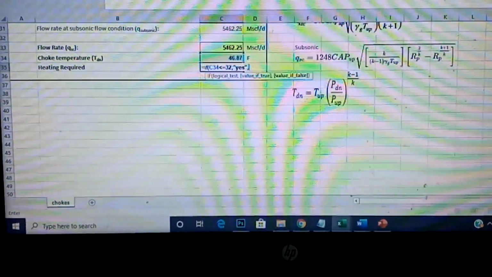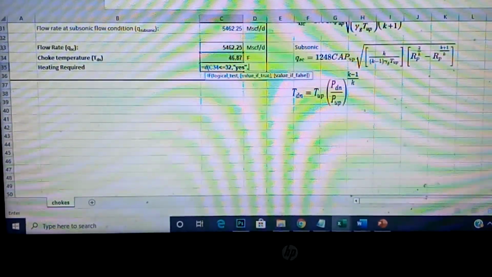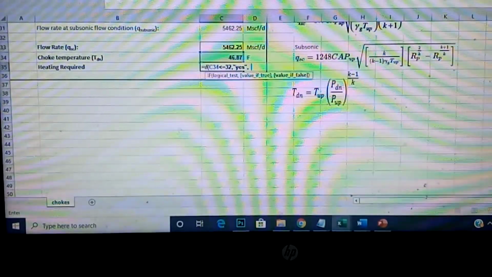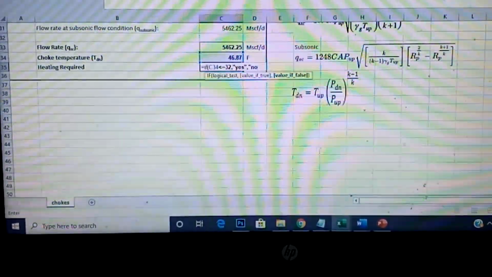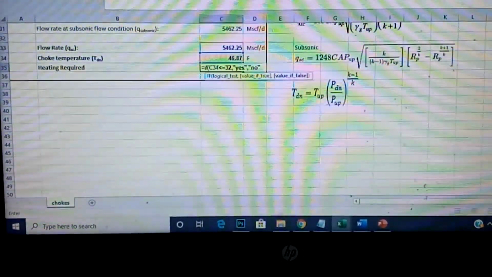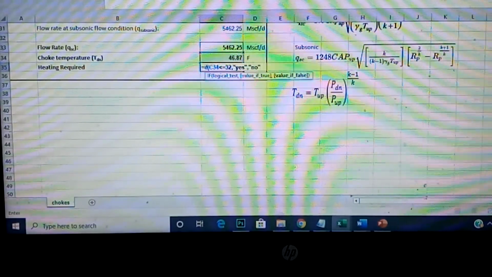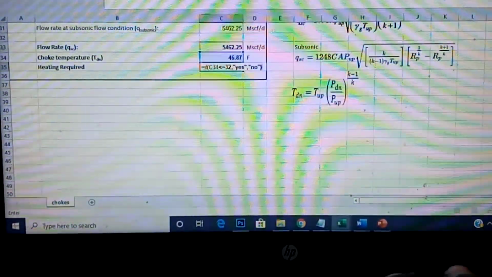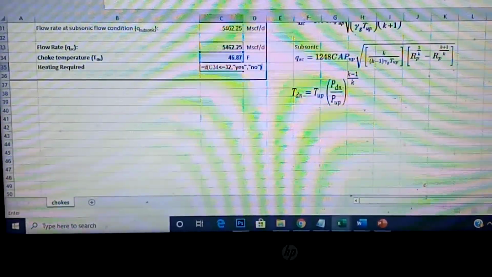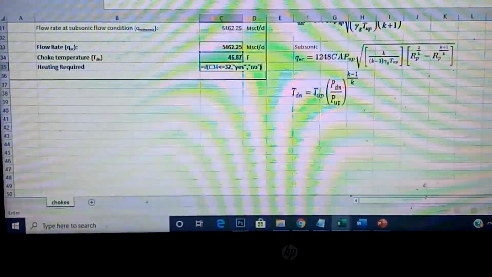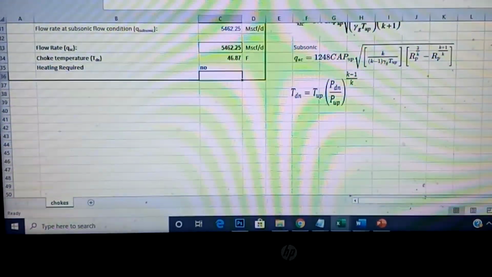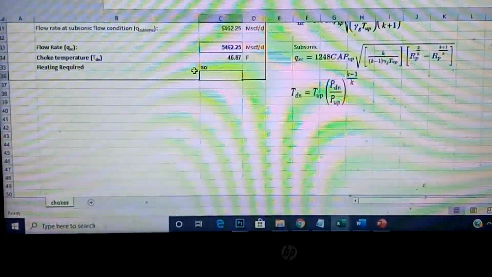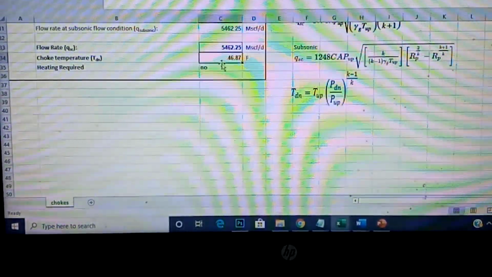Then I do comma. Otherwise, you type no. Another comma. Put it in quotes, and close the quote. Okay. Then I close my bracket. It's going to put no. You see, it put no, because this temperature is greater than 32.